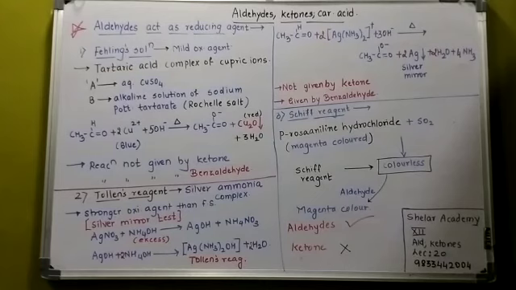When it is reacted with aldehyde, you get the original color. So it is said that it restores the color, which again confirms the presence of an aldehyde. The reaction is not given by ketones again. So these three reactions, exclusively given by aldehydes and not by ketones, are very important reactions explaining the reducing properties of aldehydes.